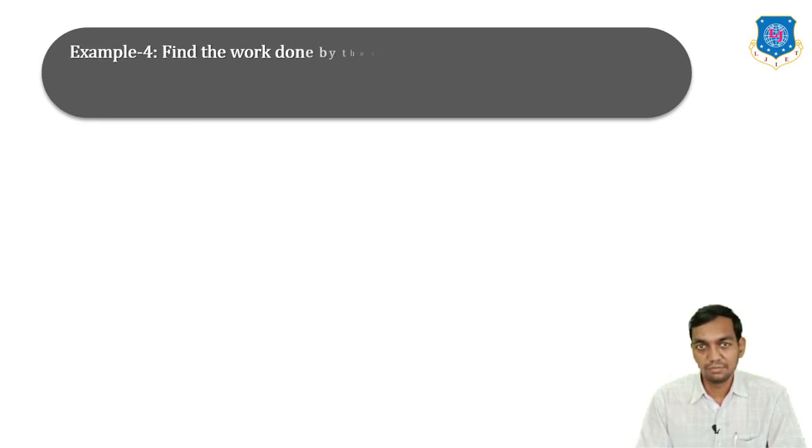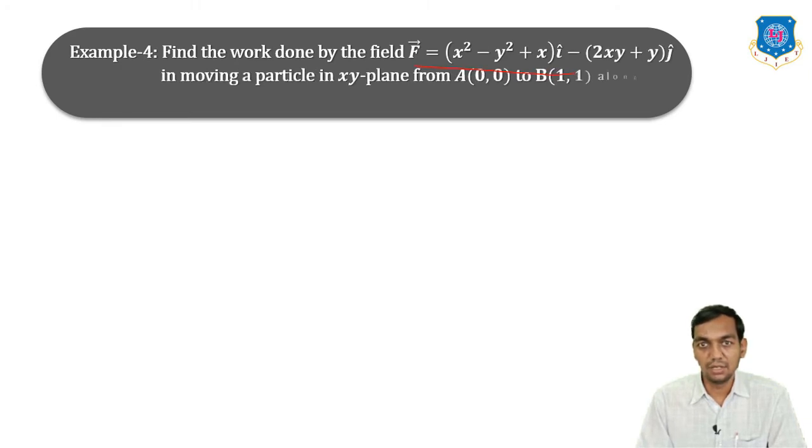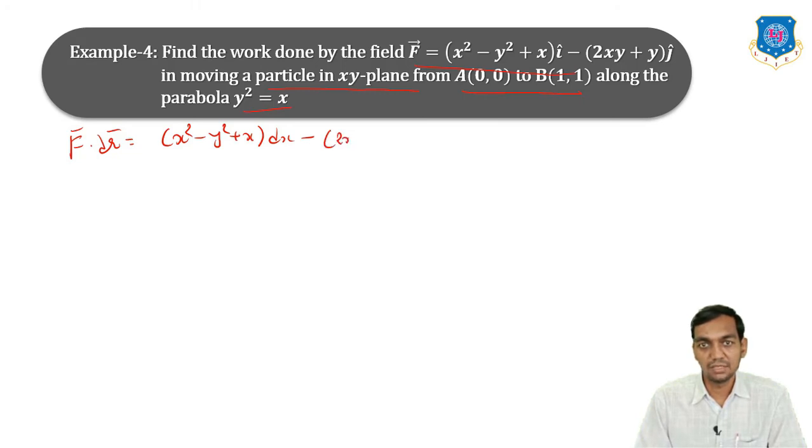In the same manner, the next example is F bar is this, and the particle moves in the xy plane from point (0, 0) to (1, 1) along this parabola. So I am now directly going to write f dot dr. That will be (x square minus y square plus x) dx minus (2xy plus y) dy. The z term is not there, so 0 into dz.